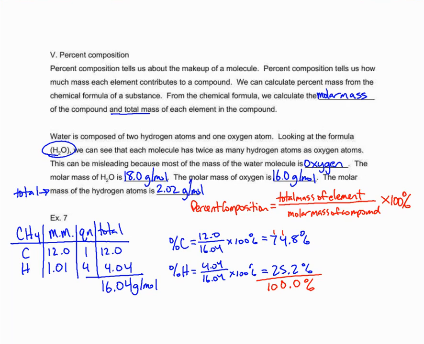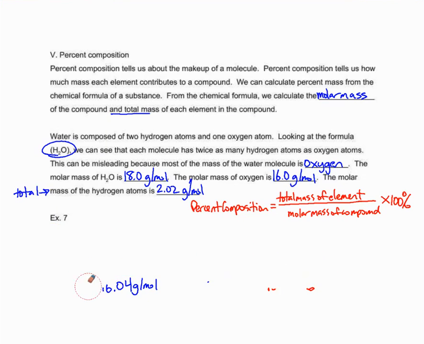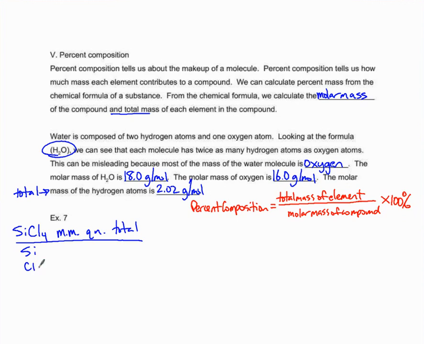So let's take a look at one more. This time we'll talk about SiCl4. Same table: molar mass, quantity, total. There are 2 elements involved here.